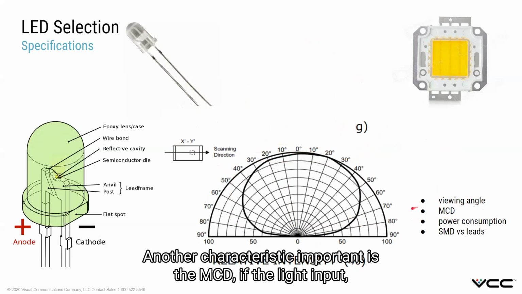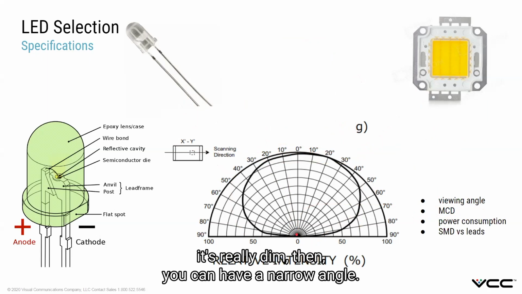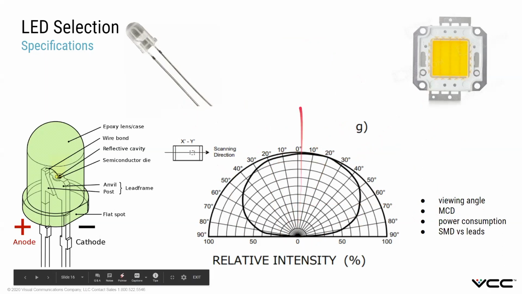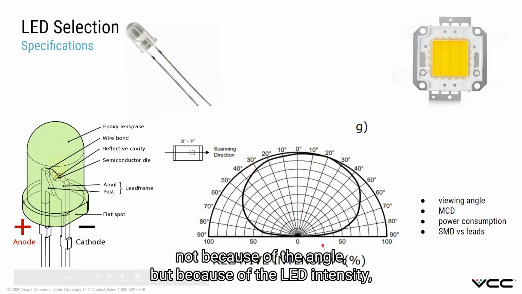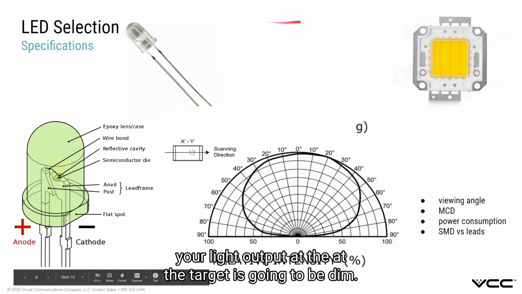Another important characteristic is the MCD. If the light input is really dim, then you can have a narrow angle, but if not enough light is coming in, not because of the angle but because of the LED intensity, your light output at the target is going to be dim.